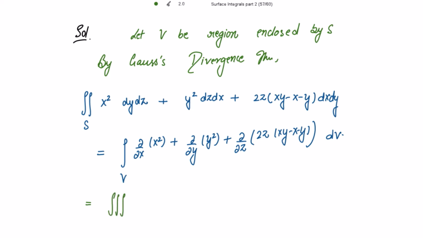The partial derivative of x squared with respect to x is 2x, plus the partial derivative of y squared with respect to y is 2y, and the partial derivative of the third component with respect to z is 2xy minus 2x minus 2y, and then dx dy dz.